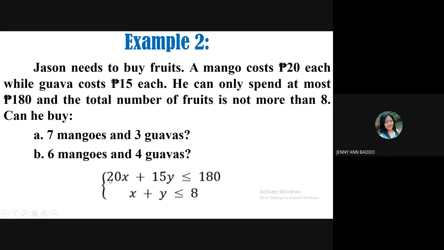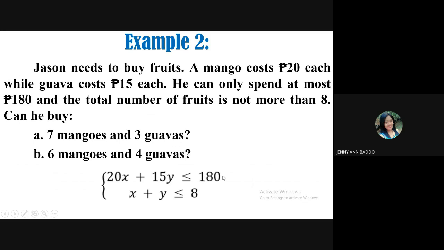That means the cost of mango, 20 times the number of mangoes, plus the cost of guava, 15 times the number of guavas, is less than or equal to 180, because we have at most 180.